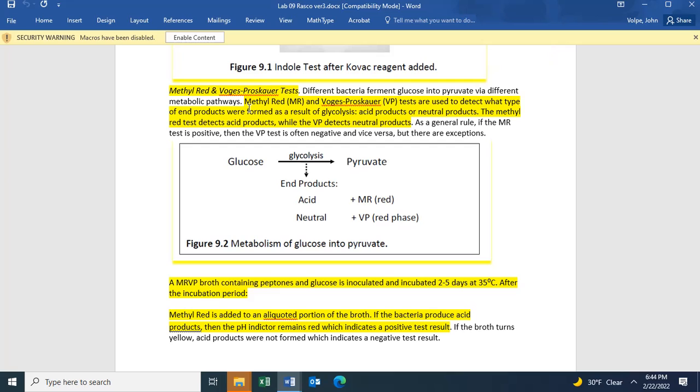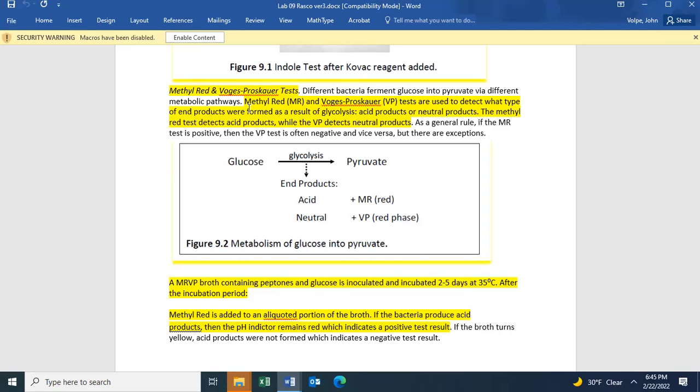The methyl red test and the Voges-Proskauer test, or the VP test, are used to detect fermentation of glycolysis products. If acid products are made, we use the methyl red test to look for acidic products. But if neutral products are made by the fermentation of pyruvate, then we use the Voges-Proskauer test, or the VP test, and look for the neutral products.